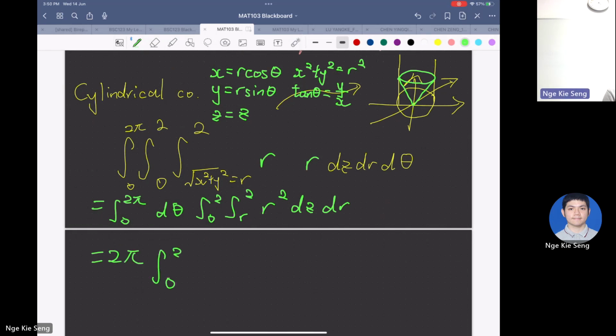Integrating r squared with respect to z, what do you get? R squared multiplied by z. Is it correct or not?